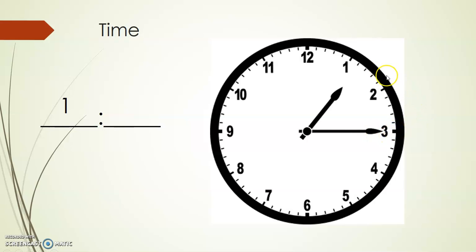Let's count by fives to see what minute the 3 is. 5, 10, 15. So what time is it right here? It is 1:15. Does this time right here say 1:15? It sure does. Nice work.